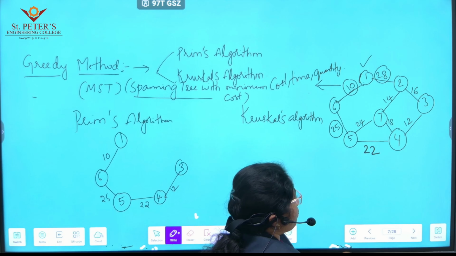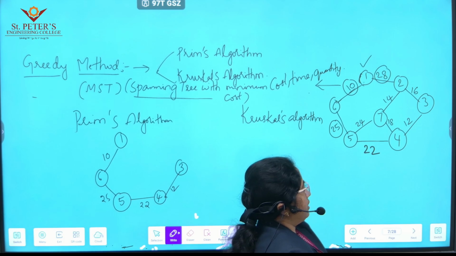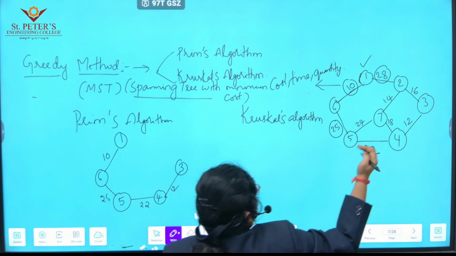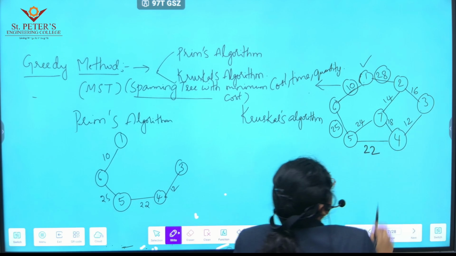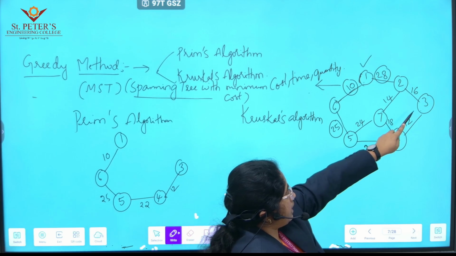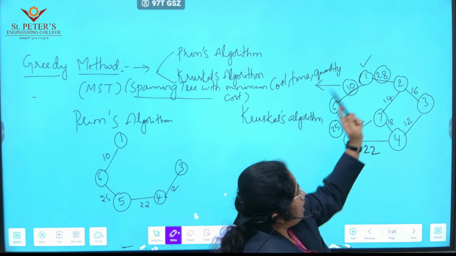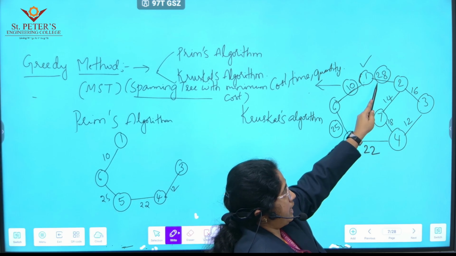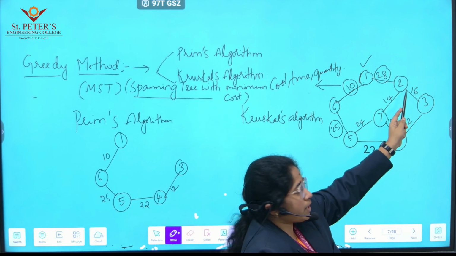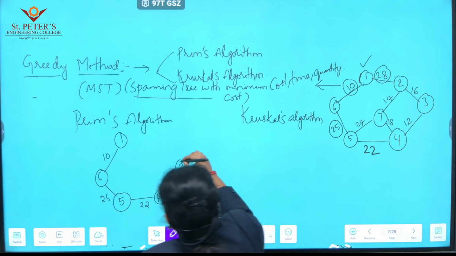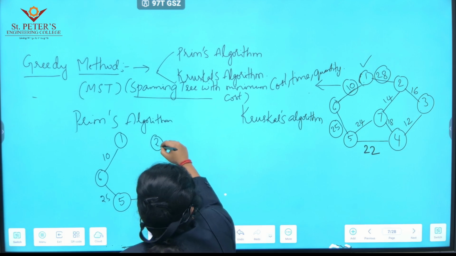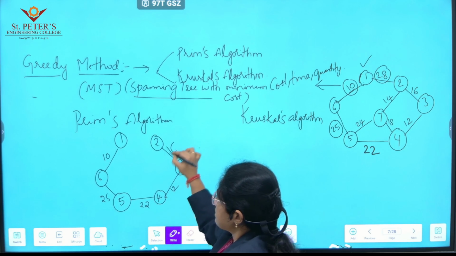Now the next least cost edge we need to pick. From 3 it is 16, and here 28. Comparing 16 and 28, 16 is lesser. So I will pick this path from 3, and the cost is 16.